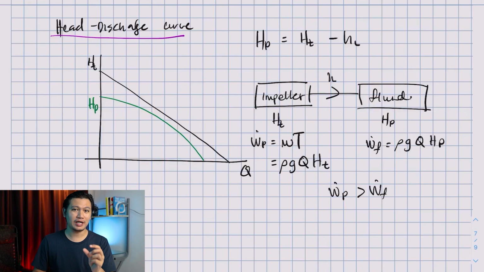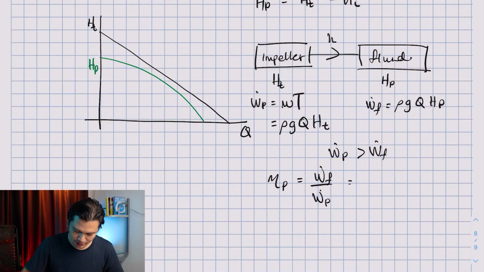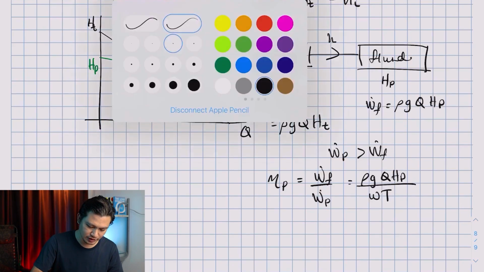So if we were to calculate the efficiency of the pump, which is called eta P, this is going to be equal to the work transferred to the fluid divided by the work at the impeller. So this is rho g Q HP divided by omega T, and that's how you get the efficiency.